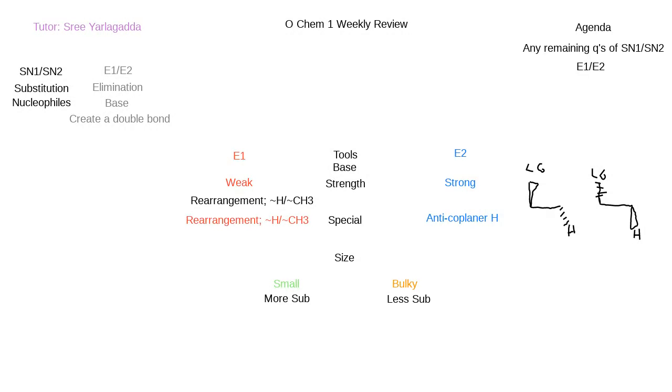So I'm going to use a generic example to show both of these. Excuse the drawing. So let's say there is a bromine at this tertiary carbon.